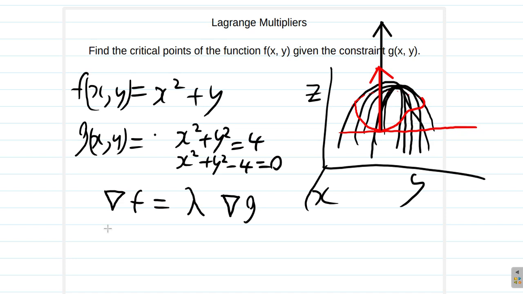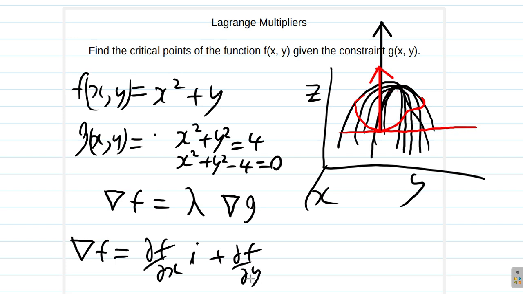So here we're going to find out what is the function vector. So let's go. The gradient vector is equal to delta f by delta x in the I direction plus delta f by delta y in the j direction. If you look elsewhere, you might see it written in another way.